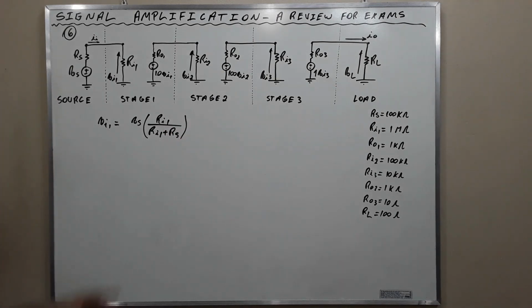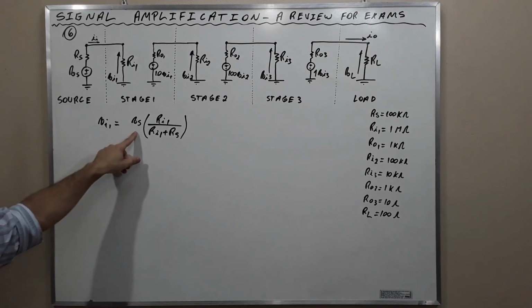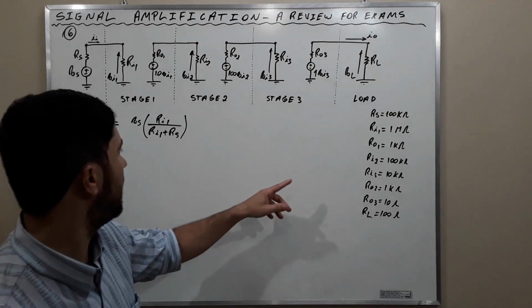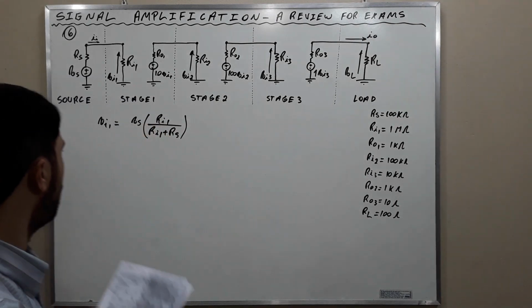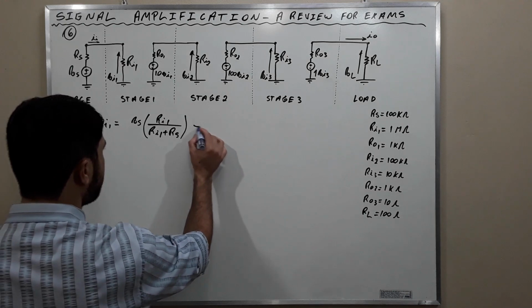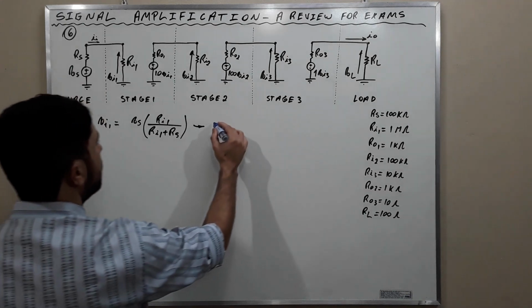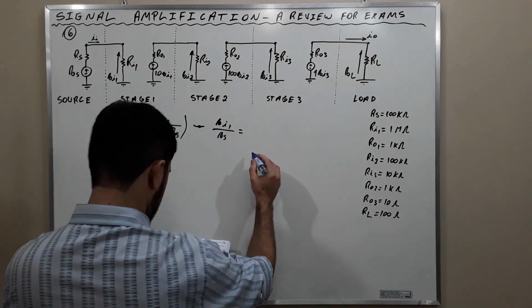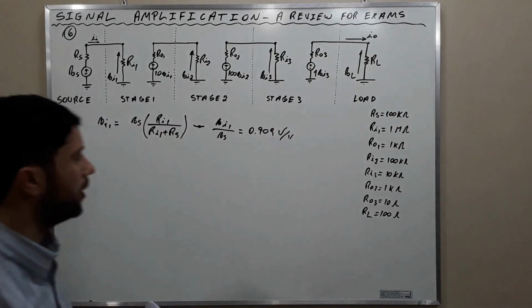We can simply apply the voltage divider rule here to find Vi1 in terms of Vs. And if we use the values, Ri1 is 1 mega ohm and Rs is 100 kilo ohms, we find that the voltage gain from VI1 to Vs, VI1 over Vs, is equal to 0.909 volts per volt, okay?